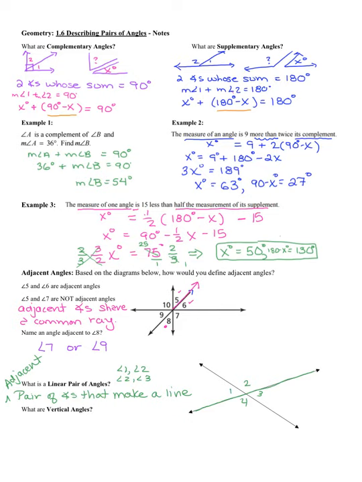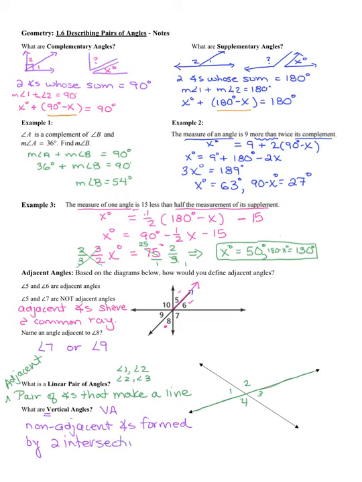However, then you have this concept of vertical angles. Vertical angles, and I usually abbreviate vertical angles as VA because you're going to use them a lot, and it's just shorter to call them VA. So vertical angles are opposite each other. So when you have two intersecting lines, they are the non-adjacent angles formed by two intersecting lines.